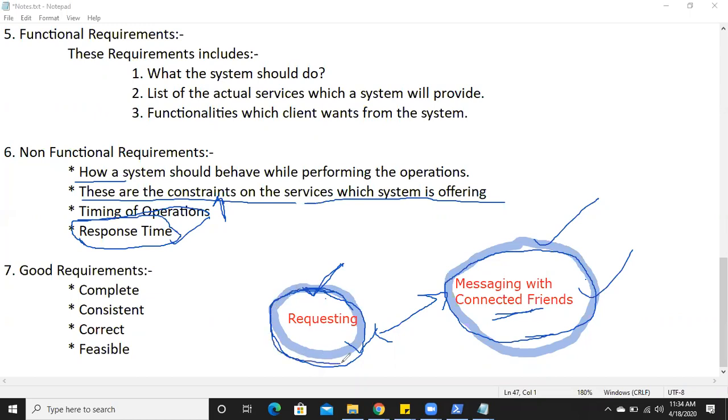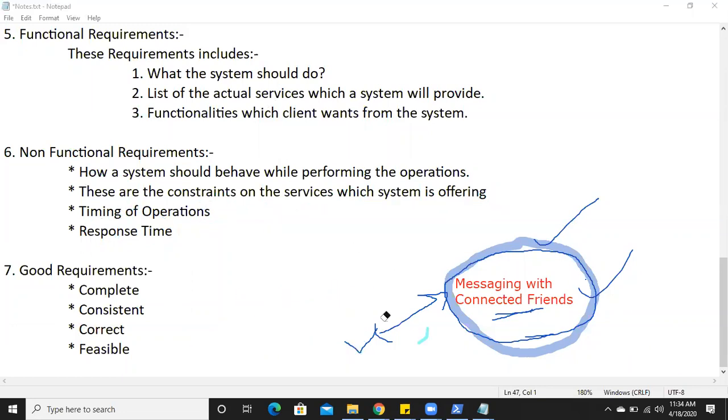Our system must fulfill these non-functional requirements. Non-functional requirements are those which are not mentioned by the user but should be present in your system while you are developing as a corporate company. So I hope you understood these topics, right?